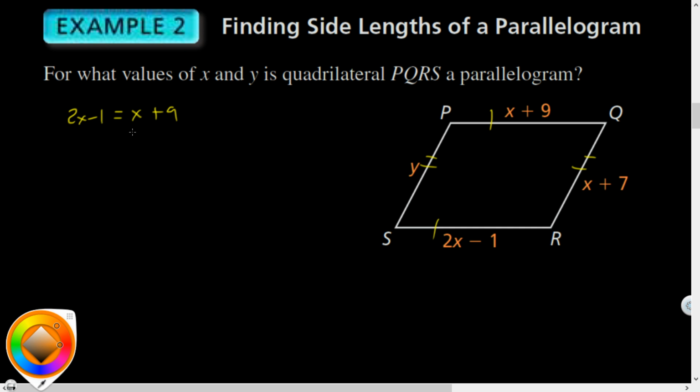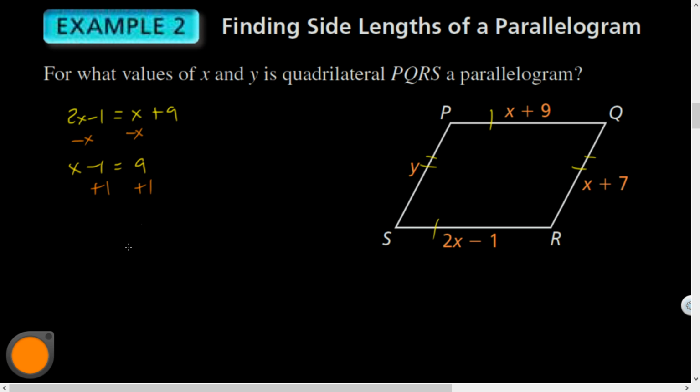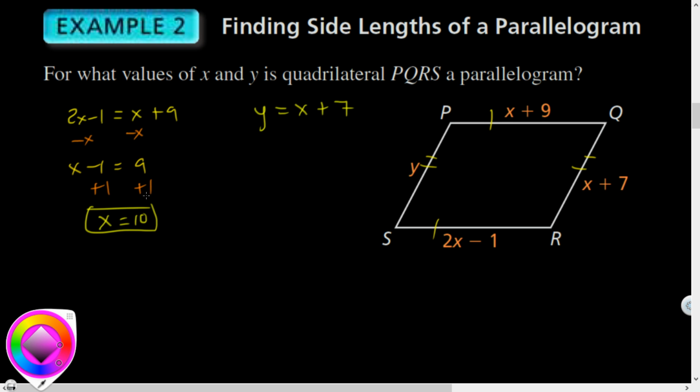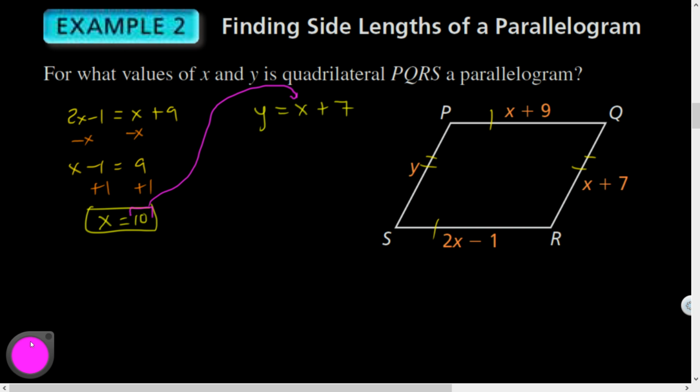Okay, we can solve this first equation. X equals 10. All right. So x equals 10. How do I find y? So y equals x plus 7. And then, ooh, here we go. Substitution. I love substitution.